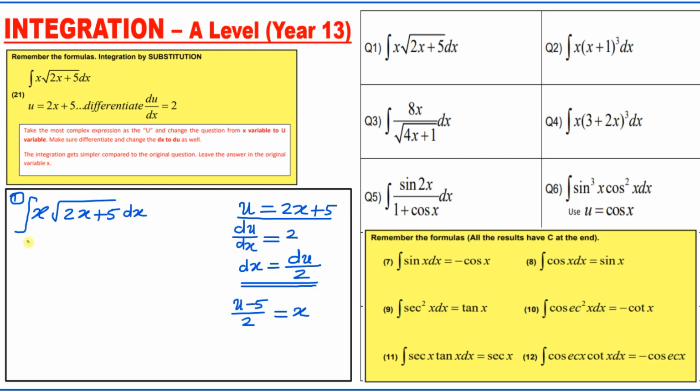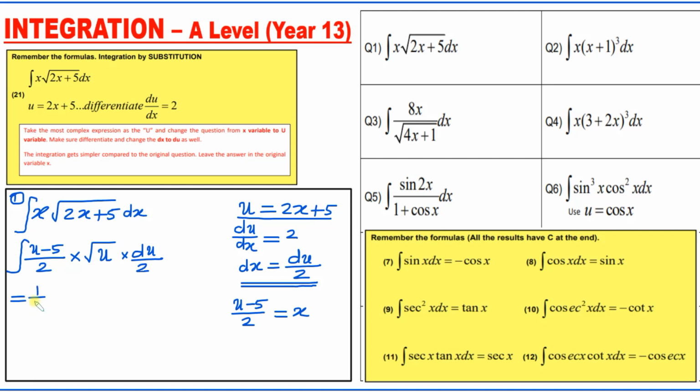Now coming back to the integration. In the integration, x I change to the u variable: u minus 5 divided by 2, times the square root of 2x plus 5, which is u, and dx can be written as du over 2. Now I'm going to change this question into a more familiar format which helps me to integrate quickly.